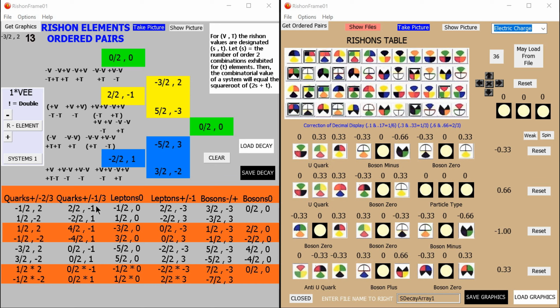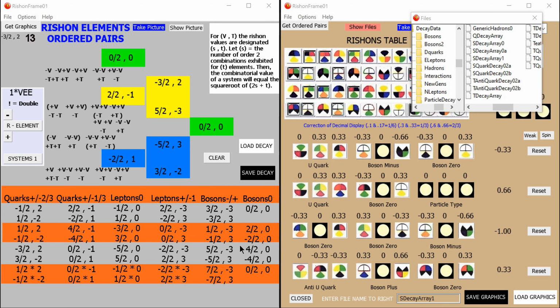For more clarity, let's look at these graphically. So let's look at the W minus, which will include the original scalar boson minus that was included in the composition of the S quark, which has the anti-V flavored and the anti-T prime. And additionally, it will include an anti-T prime and a T rishon.